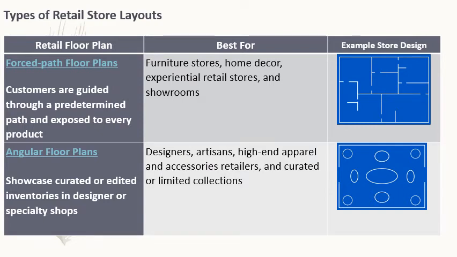Our next retail floor plan is the forced path floor plan. Customers are guided through a predetermined path and exposed to every product. These are best for furniture stores, home decor, etc. Picture as shown in the diagram.